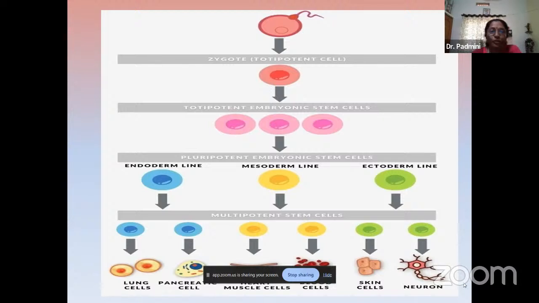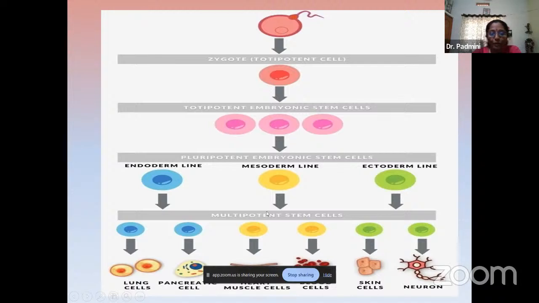Okay. So if you can see in this picture, a totipotent cell. That totipotent cell, after cell division, is going to form embryonic stem cells, which slowly become pluripotent stem cells, because from totipotent it becomes pluripotent. The pluripotent stem cells give rise to three different germ layers, that is the endoderm, mesoderm, and the ectoderm, which later on become multipotent stem cells.